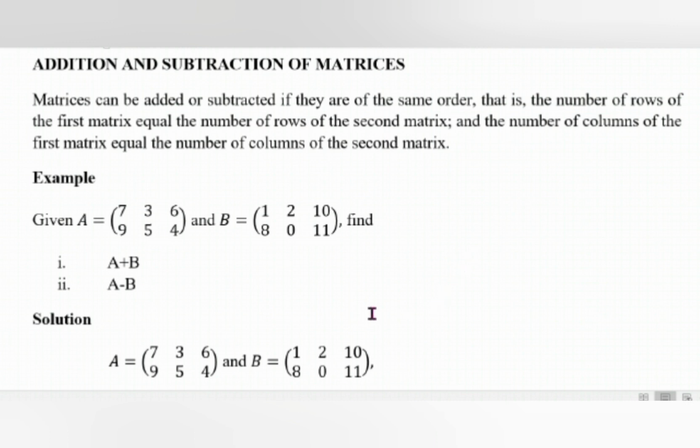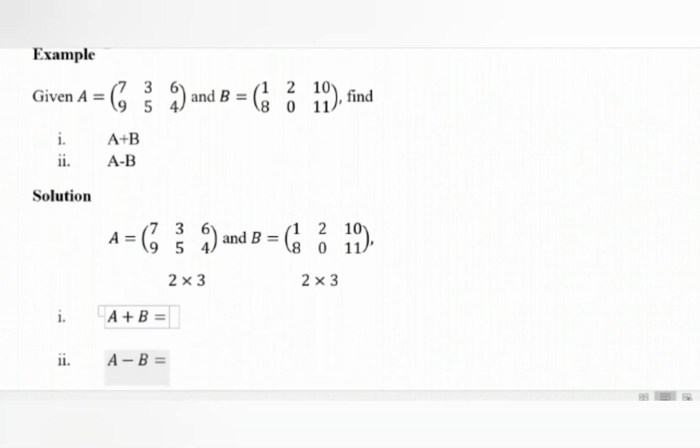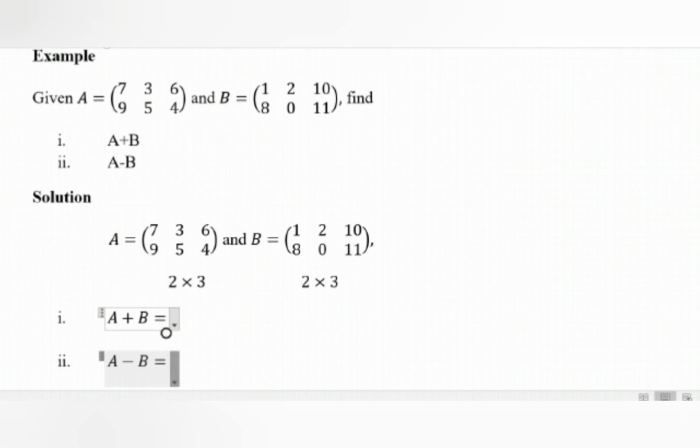suppose we have been given matrix A and matrix B, and we are supposed to find A plus B and also A minus B. So what do we do? The first thing we do is to test whether the matrices can be added or subtracted, and that's achieved by writing the order or size of the respective matrices. Now, when we talk of order of a matrix, it refers to the number of rows and the number of columns of that matrix.